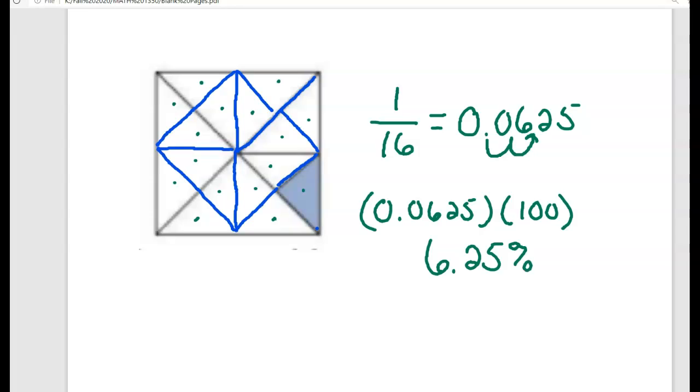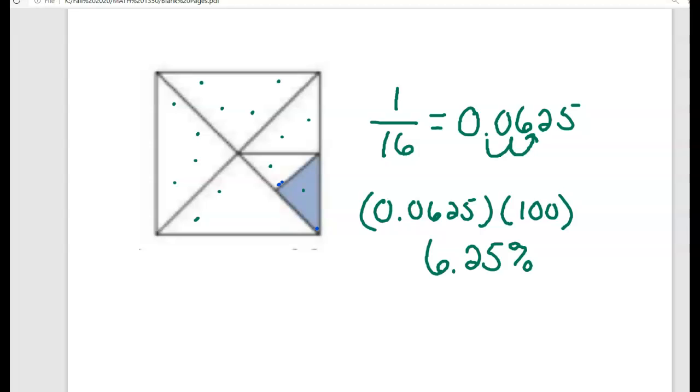So when you start with something that looks like this, and you can see, okay, I've got this big piece here, but I've only got this small piece that is shaded, you need to divide each of these larger pieces to be the same size.